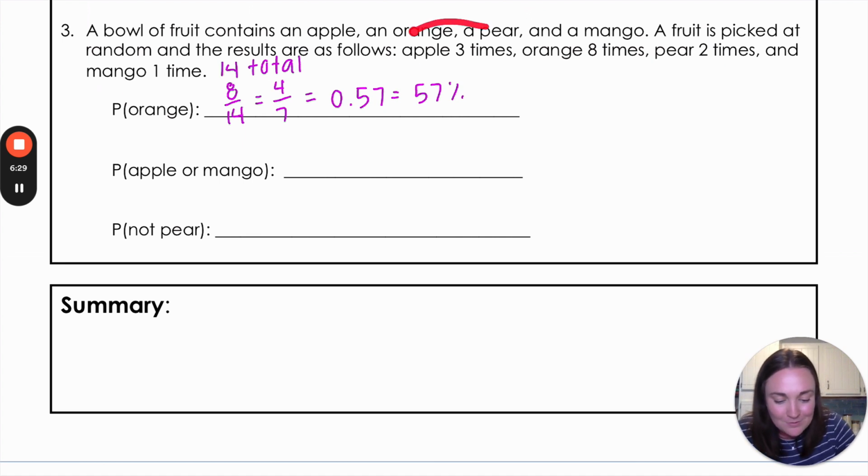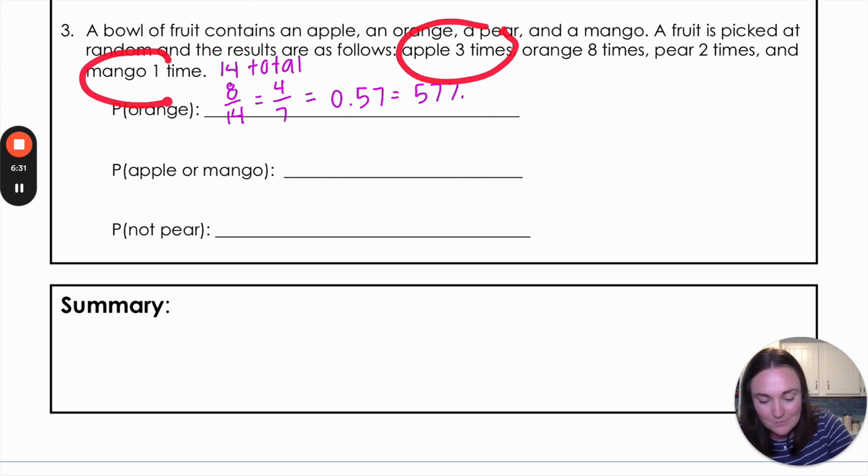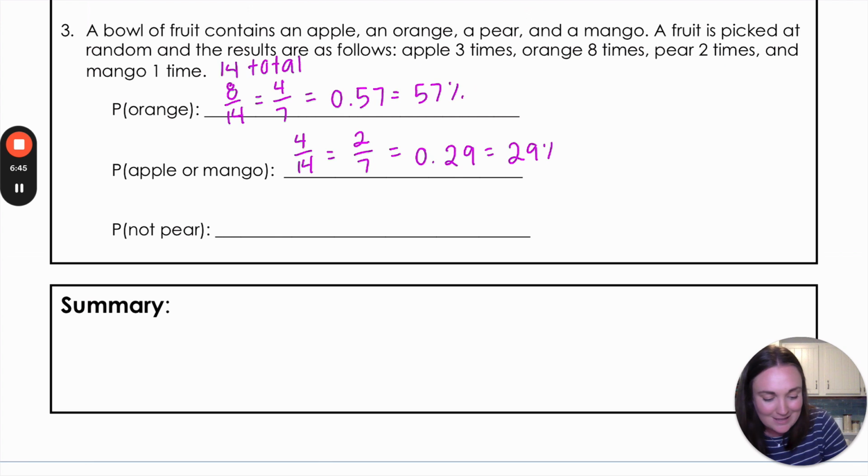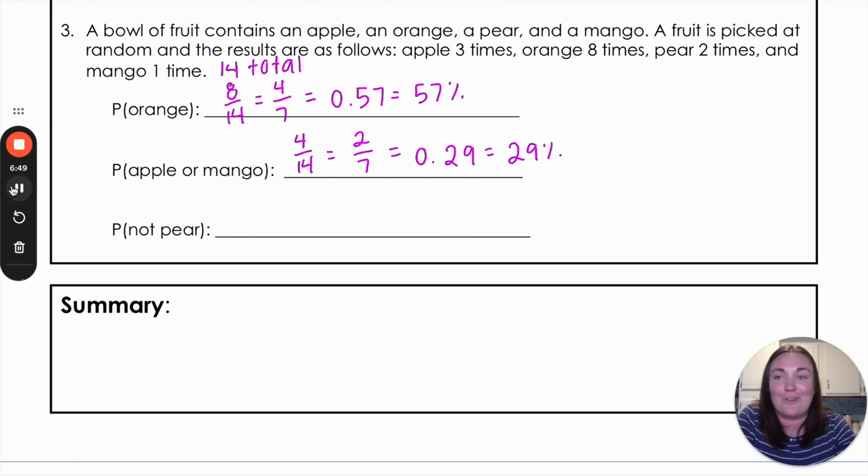So an apple was pulled 3 times, a mango was pulled 1 time. So putting those together, we get 4/14, which will simplify to 2/7, or 0.29, 29%. Okay, pause the video here one last time and try the last one on your own.